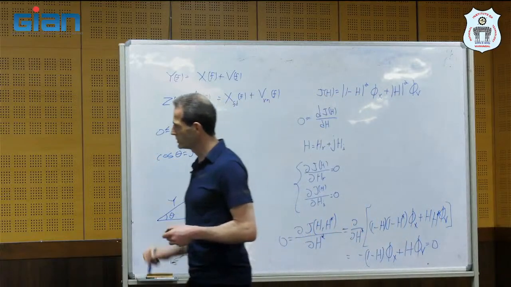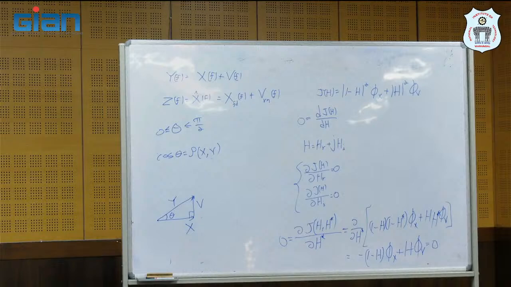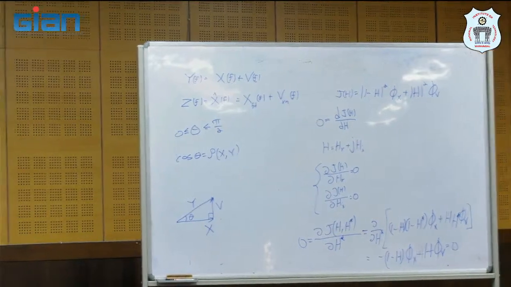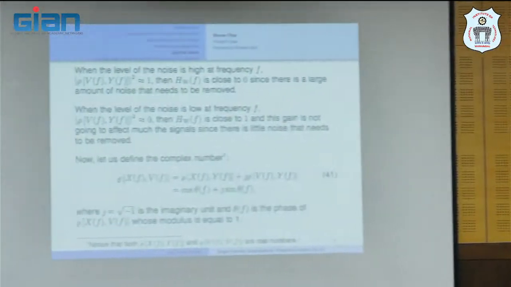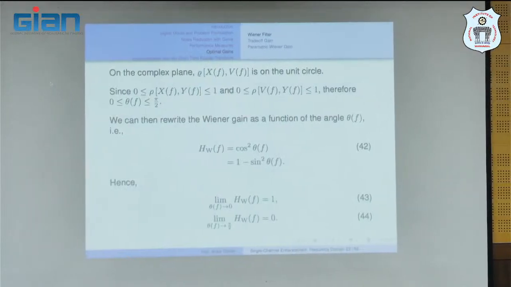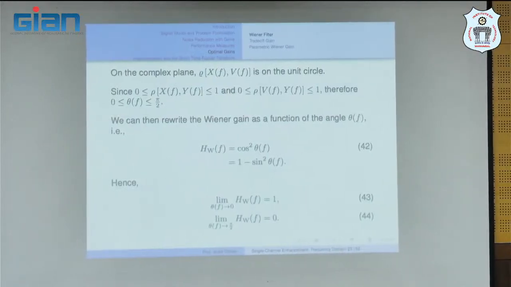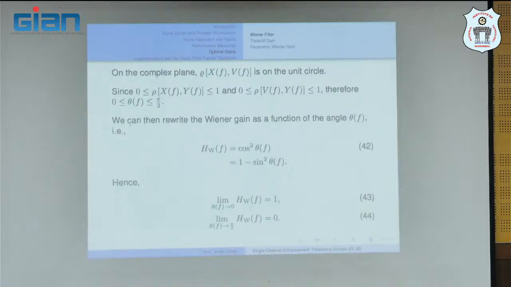We can also write the Wiener filter using this convention and parameter. We can write H, the Wiener filter, as cosine squared of theta, which is 1 minus sine squared of theta, using this definition of theta.